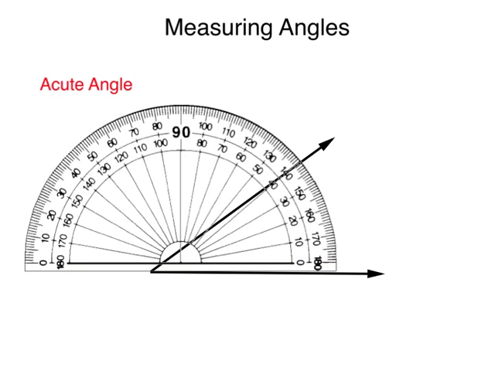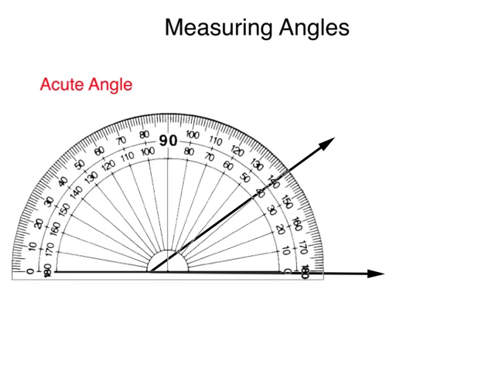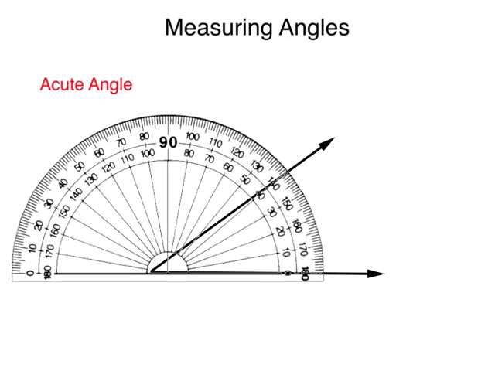So if I take this protractor and I put it right on the line, as you can see, the line goes right through 0. This protractor is almost lined up correctly. The next thing we have to remember is that the origin of the angle, which you can see right there, has to be on this point.